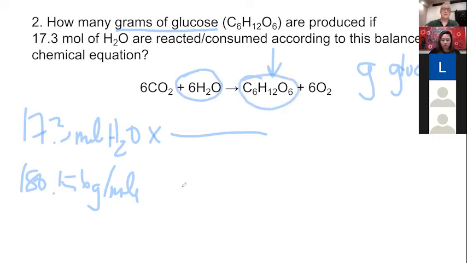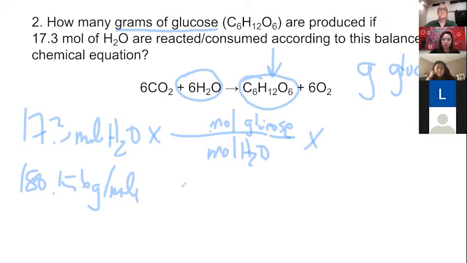We want to get rid of moles of water and we want moles of glucose. From the balanced reaction, what is the ratio of moles of glucose to moles of water? One to 6. That's right. 1 mole of sugar for every 6 moles of water.